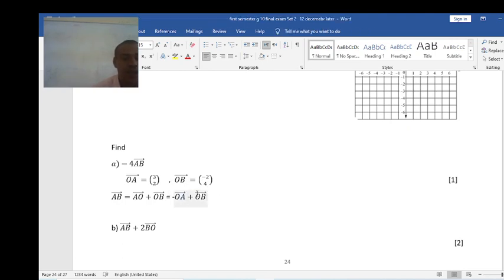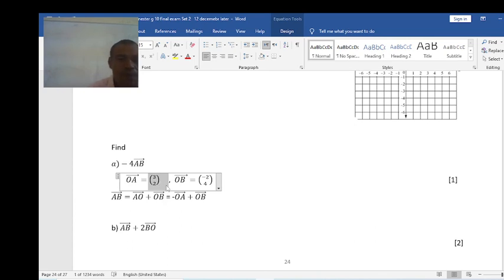Now it's correct. It will be equal to negative 3, 2 plus negative 2, 4.